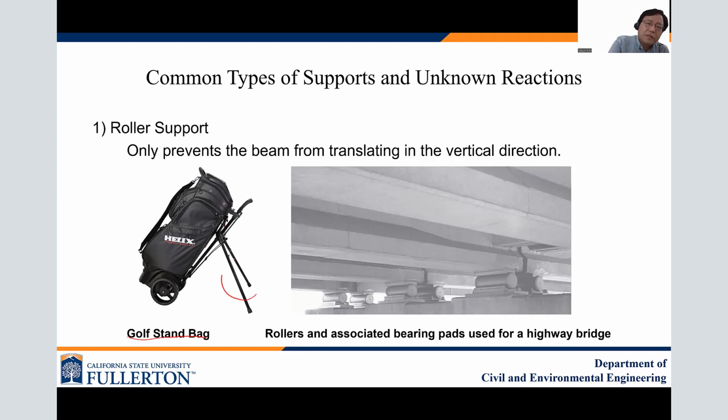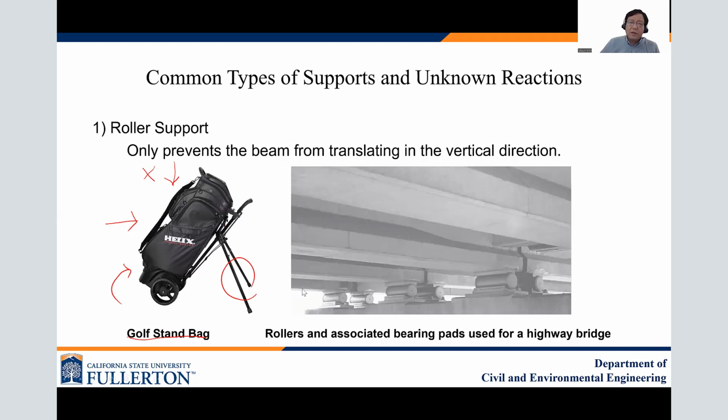If you apply loading horizontally, it will move horizontally. If you apply a moment, it will rotate. But if you apply loading vertically, it cannot move vertically. So that is a good example of roller support.